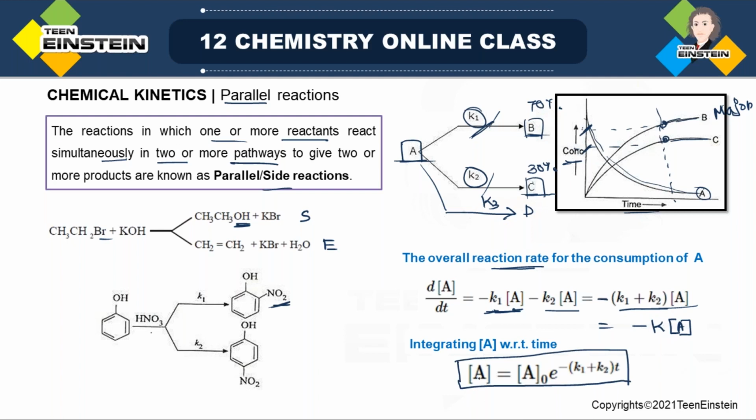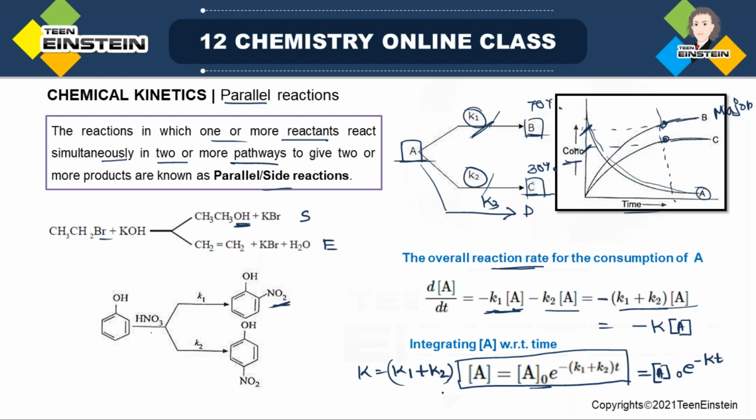So the concentration of A at any time t is equal to the initial concentration times e to the power minus (K1 plus K2) t. Now you can also write the same equation as minus Kt, because K is equal to K1 plus K2.